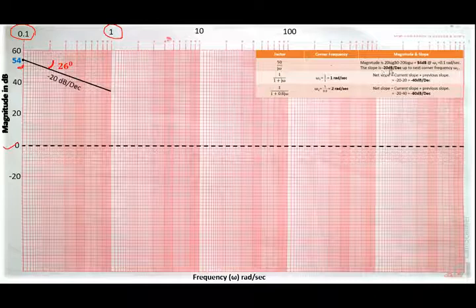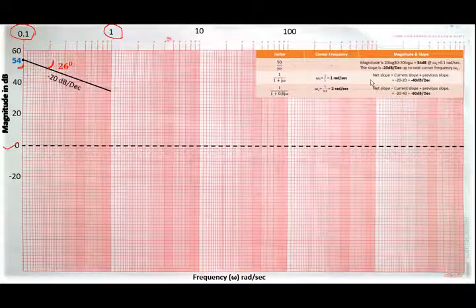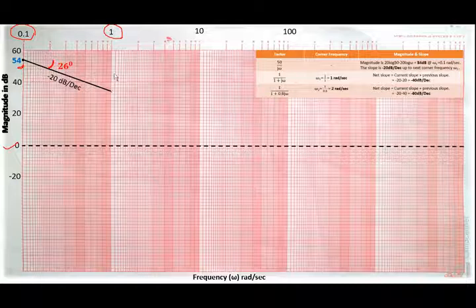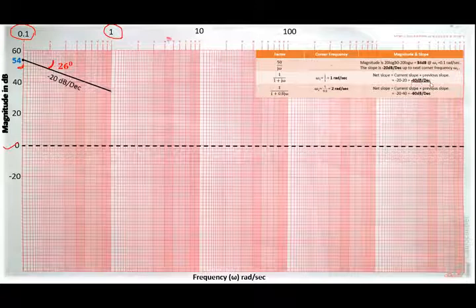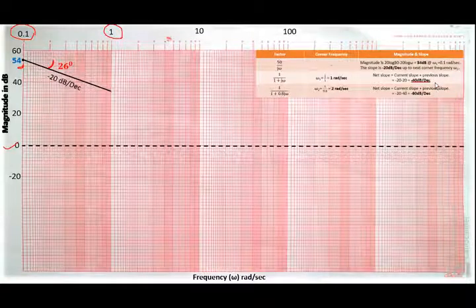Next, we should consider the second factor. Here the slope is minus 40 dB per decade. You can see the starting point will be the ending point of the previous loop. So this is the starting point for the second slope. Starting from here, at 1 radian per second it will start, and the slope is minus 40 dB per decade. For minus 40 dB per decade, with reference to the real axis, the angle must be 45 degrees.